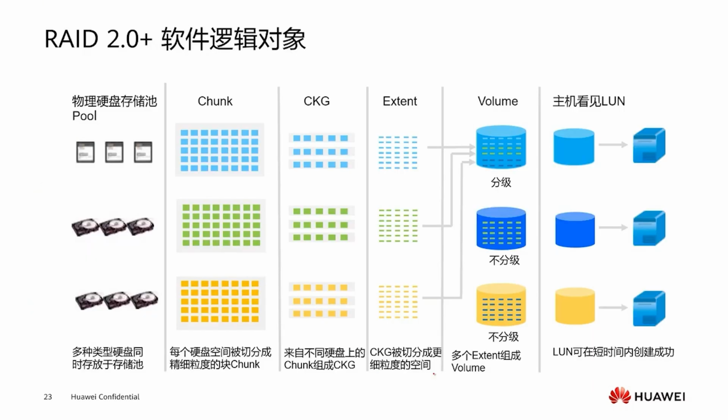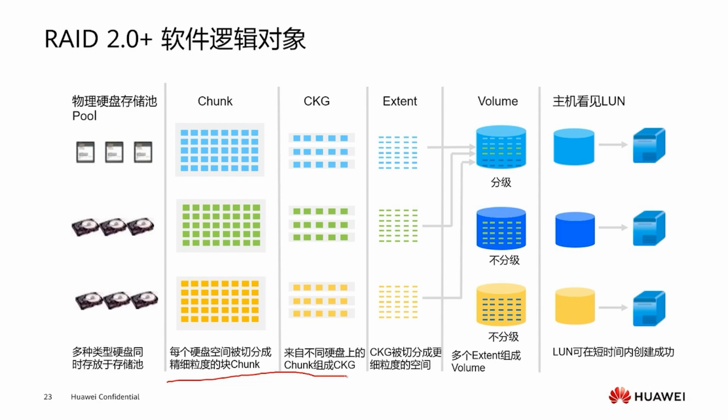The software logic of Huawei RAID 2.0 Plus is to provide the virtualization of the underlying medium to the virtualization of upper-level resources, while solving the problem of fast data reconstruction and intelligent allocation of resources. Its fast data reconstruction has shortened the data reconstruction time from several hours to several minutes.